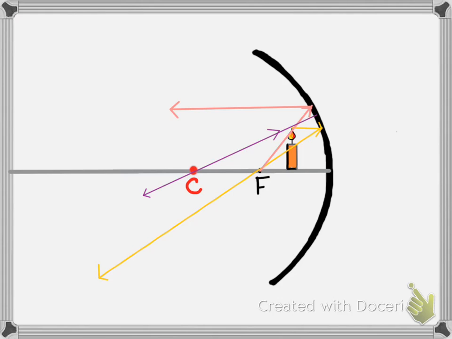Well, this is by far the trickiest because in fact, these 3 lines don't converge in front of the mirror. So what you have to do is run your lines, continue them, back behind the mirror. Oh, look at that.